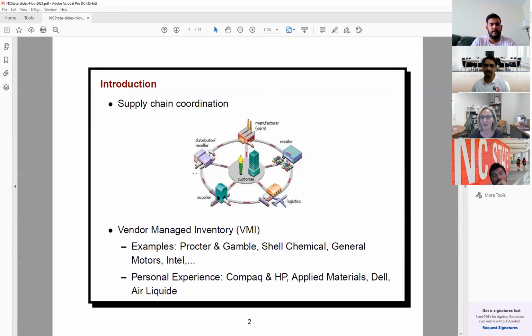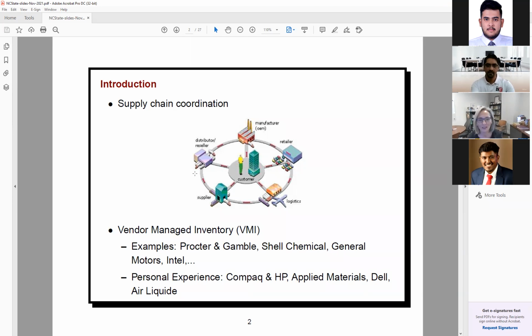So the broad umbrella under which this research topic falls is supply chain coordination. And supply chain coordination has been one of my research areas for more than, I would say, 2 decades. And when I talk about supply chain coordination, I like to classify it into 3 areas, 3 interrelated areas.